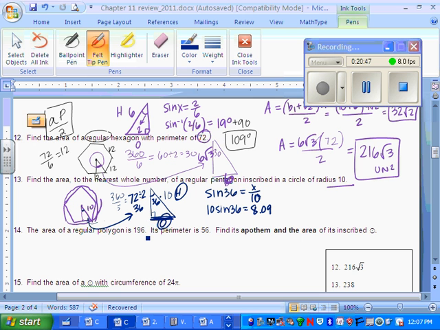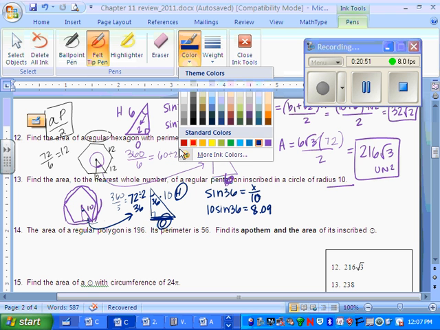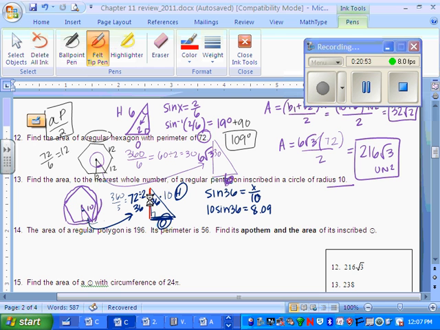That's my side down here. To find the apothem, this side is my adjacent side, so I'm going to use cosine. Cosine of 36 equals x over 10. Again, I multiply by 10. 10 times cosine 36, and I end up getting 5 points.